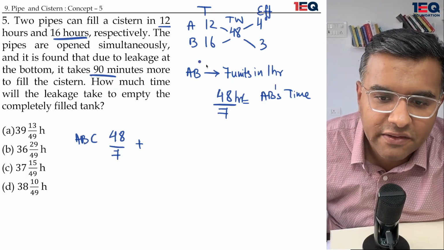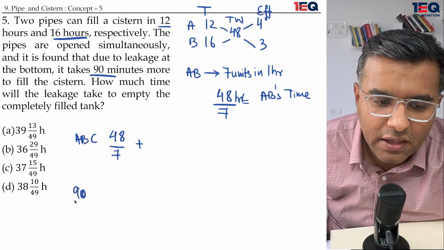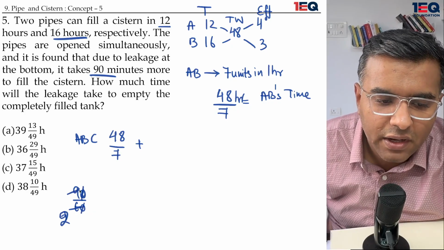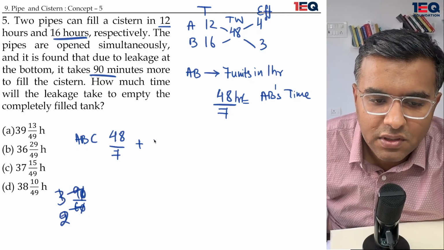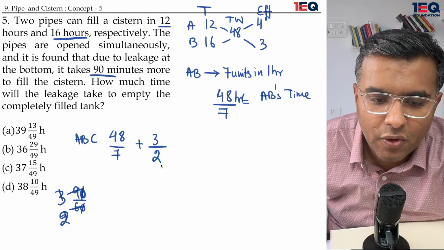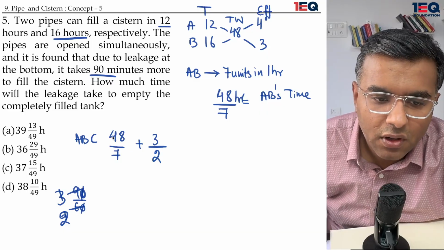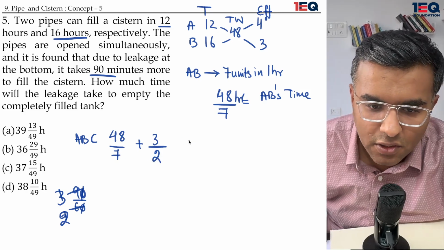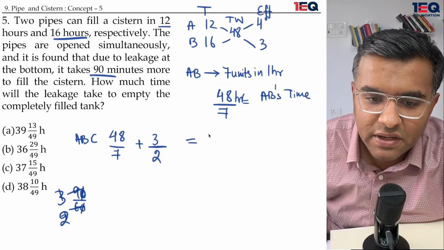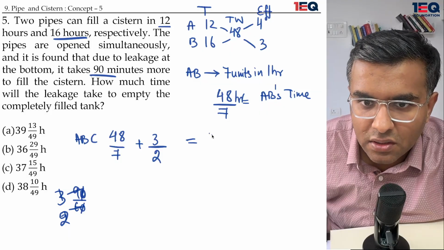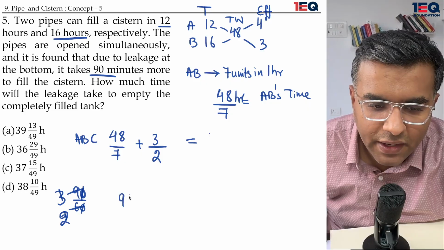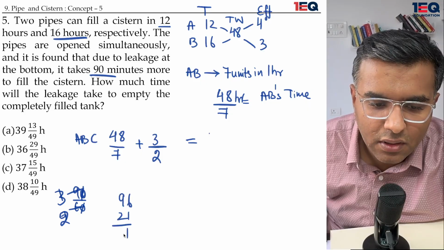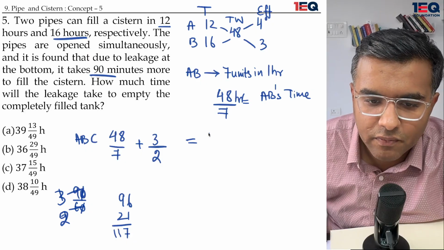For 90 minutes, I would write it as 90 upon 60, which is 3 upon 2 hours more. 48 into 2 is 96. 96 plus 21 is 117.